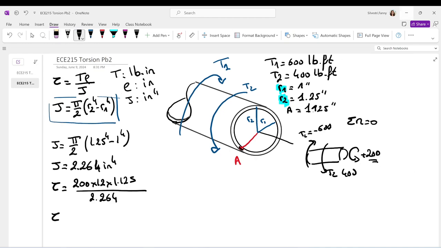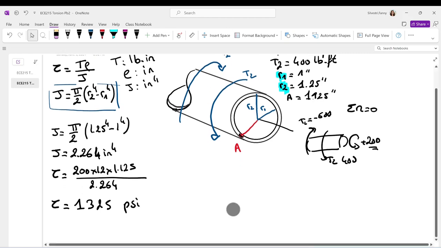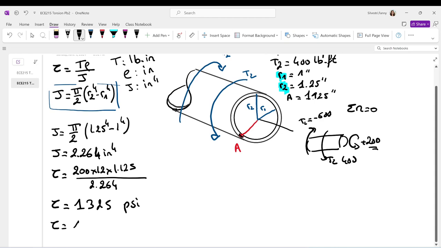So it gives us tau equal 1.325, and this is PSI because we have pound and inches, and we can rewrite that tau equal 1.325 KSI, so kilopounds per square inch.